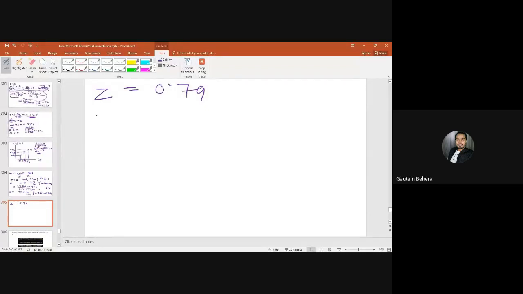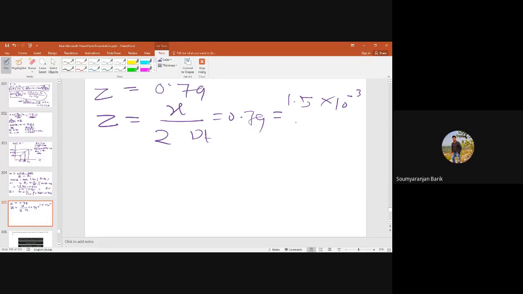And now we understand Z is equal to x by 2 square root of Dt. Right? So I can write simply 0.79 is equal to x, 0.79 is equal to 1.5, already it is given, and we have to multiply with 10 to the minus 3. You understand why?